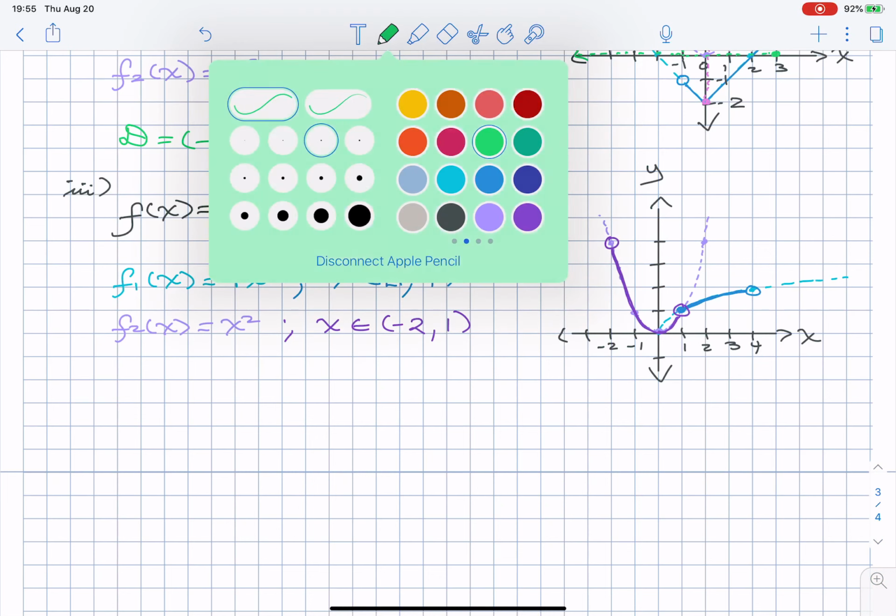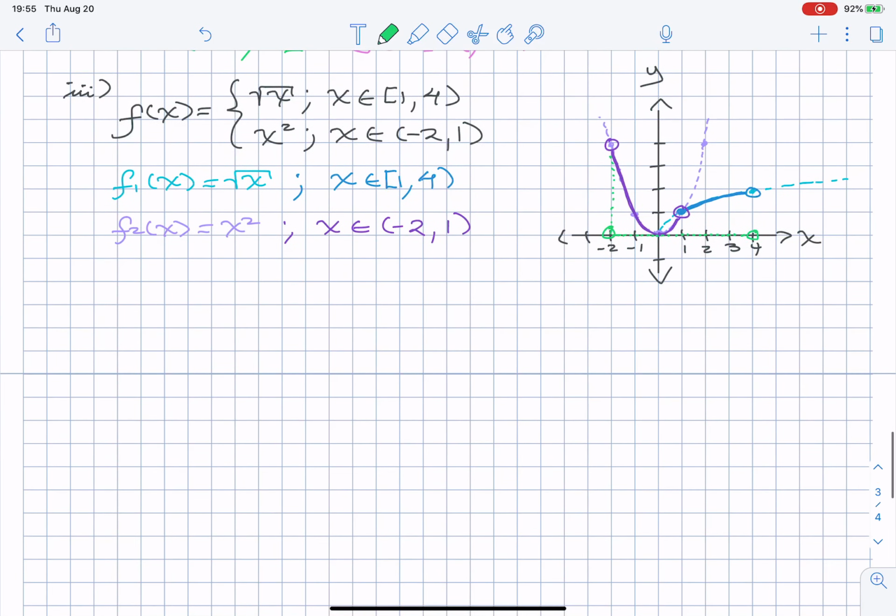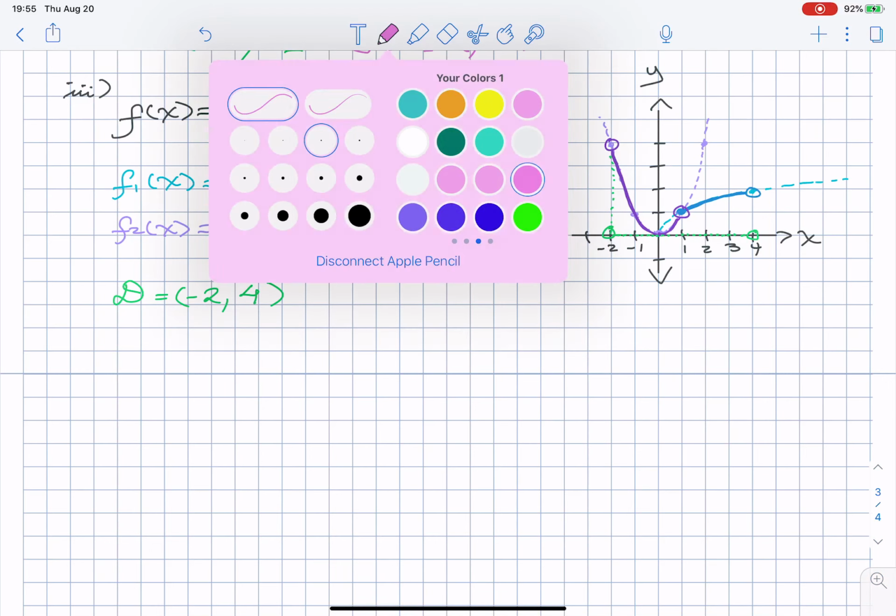Notice if I project down onto the x-axis, it's open at negative 2, then open at 4. So I claim the domain, the shadow cast, will be from negative 2 to 4, not including either endpoint.